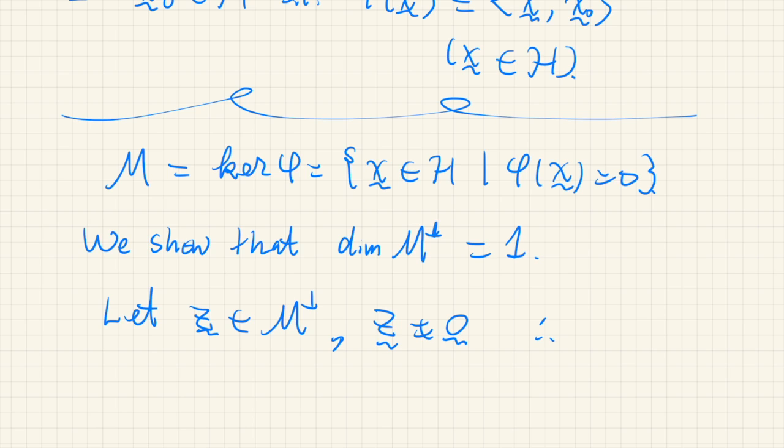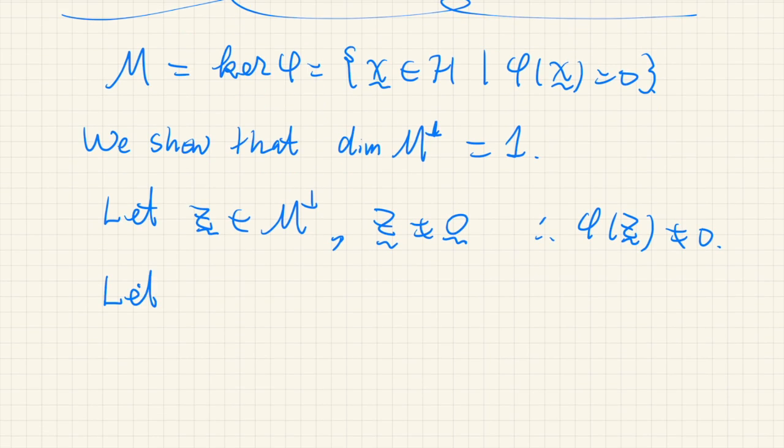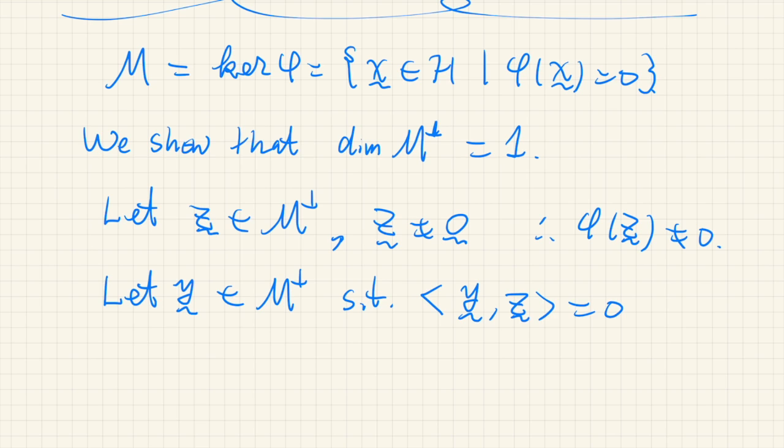So in particular, this means phi of Z is not equal to 0. And let Y be another element from M complement such that the inner product between Y and Z is equal to 0.